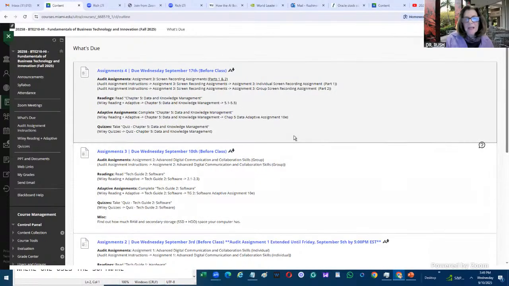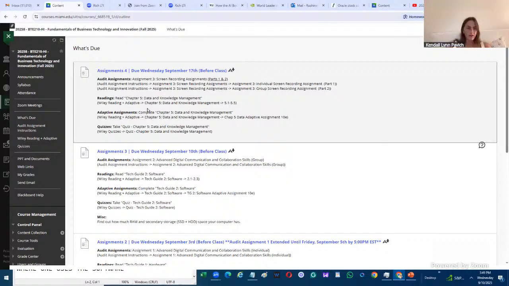A lot of times I can do it with an individual assignment. Then we're going to go to another chapter on data knowledge management, which is going to be part of software. We talk about data, and we have assignments and quizzes. So how do I find out, Kendall, where my audit assignment is, finding specifics about it?